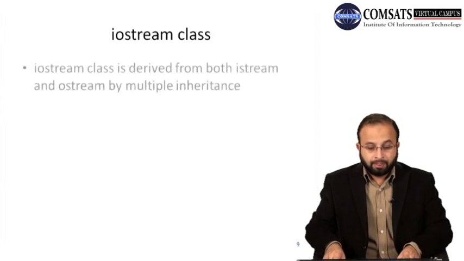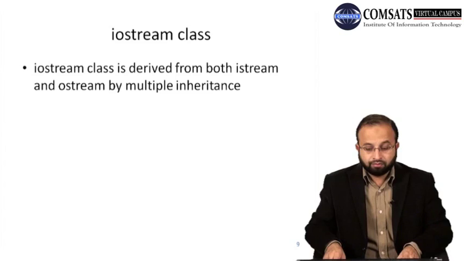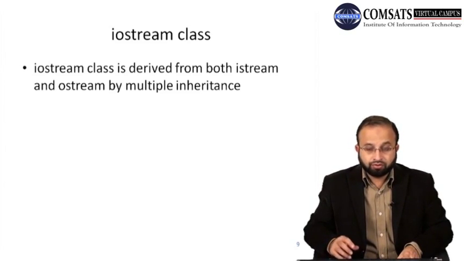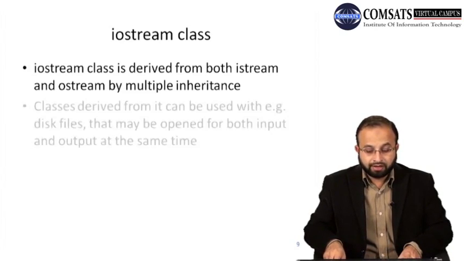The iostream class is derived from both istream and ostream by multiple inheritance. Okay. So istream represents the input operation, input stream, and ostream represents the output, that is from RAM to the computer display. So the iostream class is derived from both the istream and ostream classes, thus it is multiple inheritance.